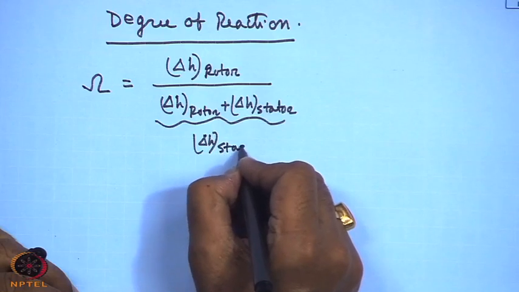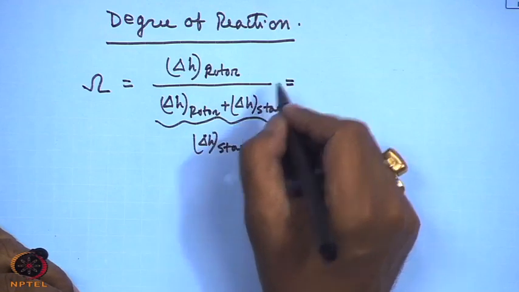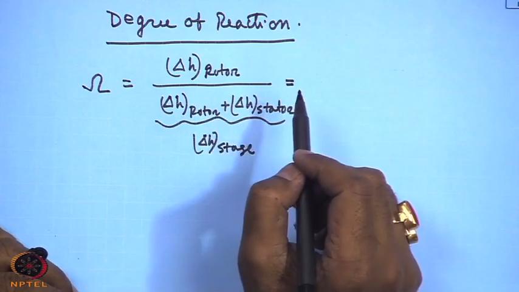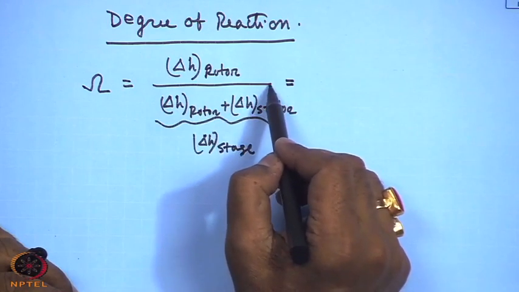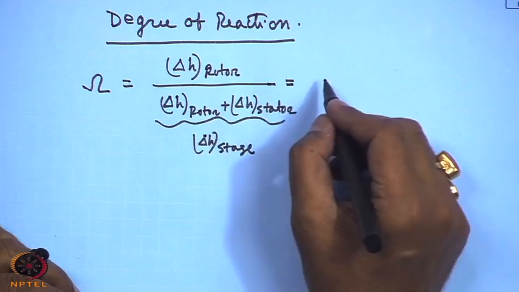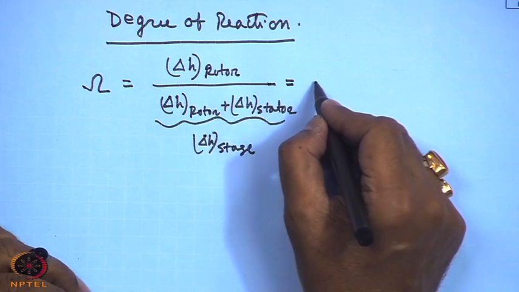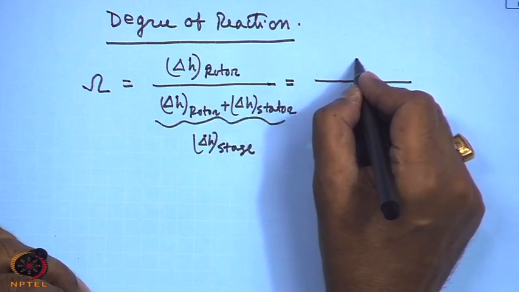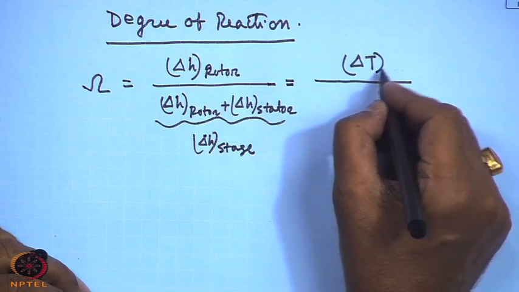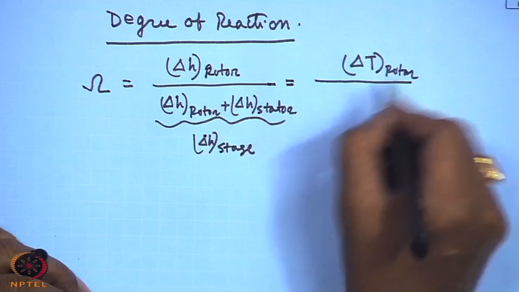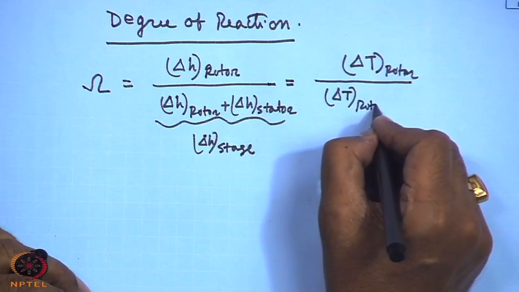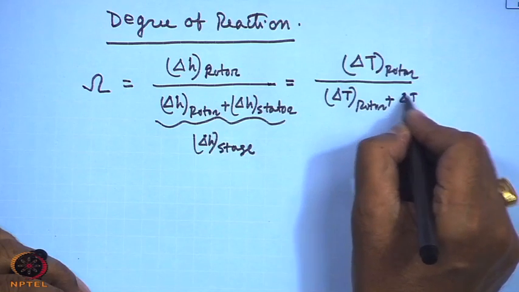Since the enthalpy change for an ideal gas is equal to Cp into the change in temperature, and since Cp is constant here, we are considering the ideal gas, it is independent of the temperature, we can cancel it out. In reality also the Cp does not vary much with the range of temperature. This can be written in terms of delta T, the static temperature change in the rotor divided by the static temperature change in the stage, that means in rotor plus delta T stator.